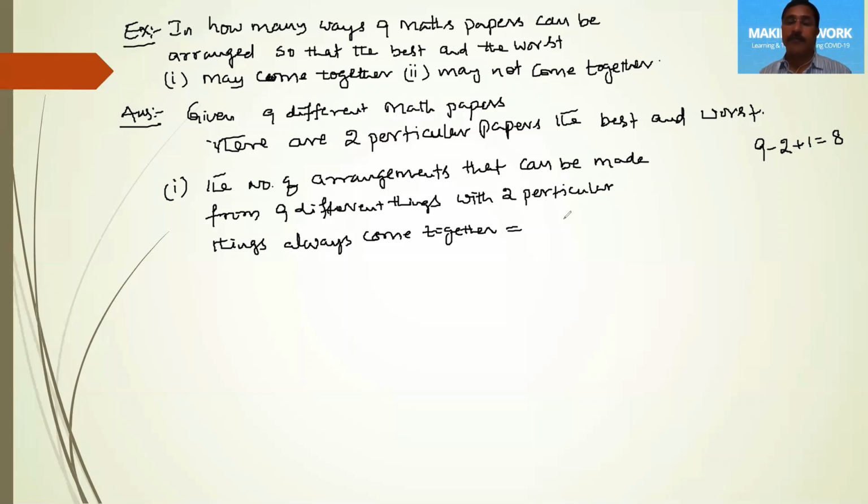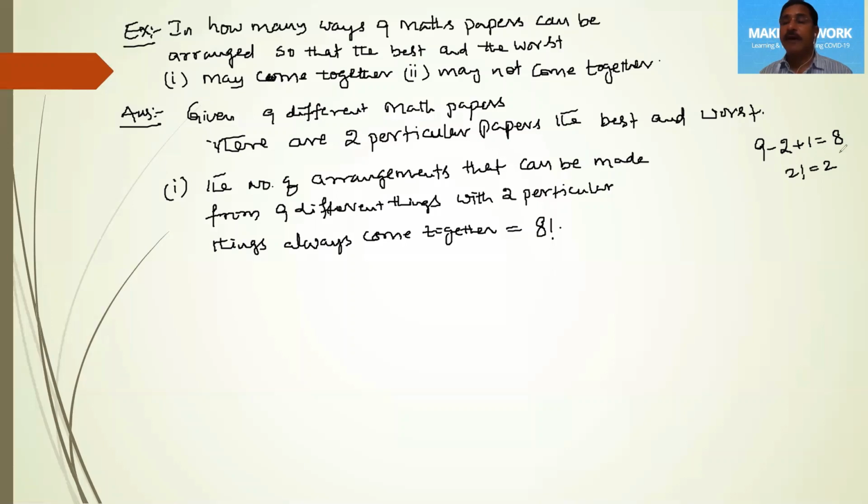So that is the first work. So what is the first work? We are arranging the remaining elements by considering the 2 particular things as one. So when in the given 9 things, if the 2 particular things are considered as one unit, then the remaining elements are 8. These 8 elements can be arranged in themselves in 8 factorial ways. And after arranging these 8 elements in 8 factorial ways, now the 2 particular things can also be arranged in themselves in 2 factorial different ways, that is in 2 different ways.